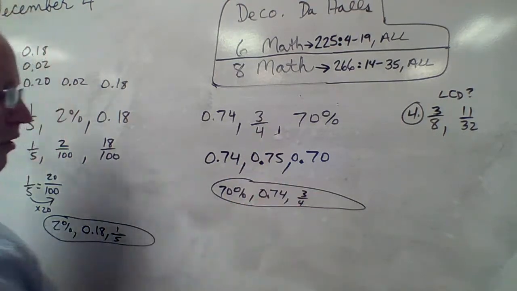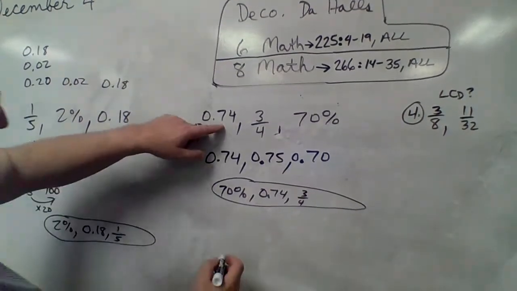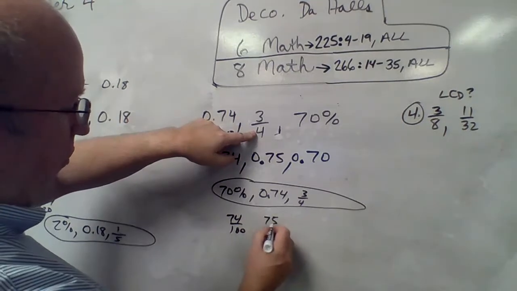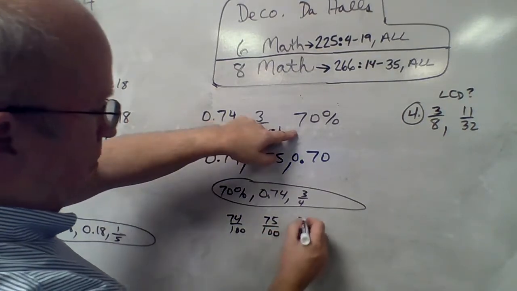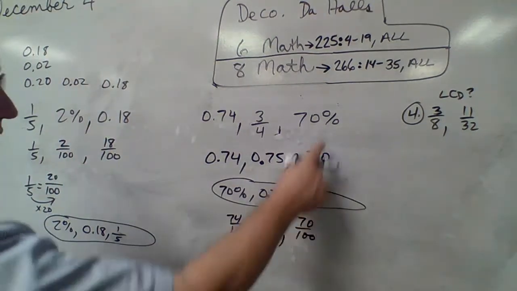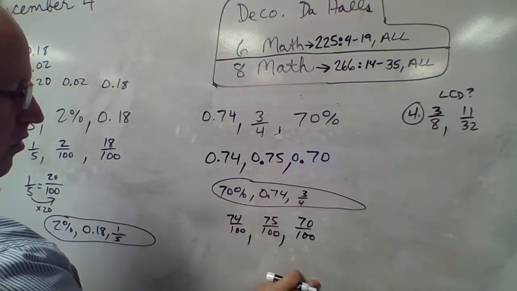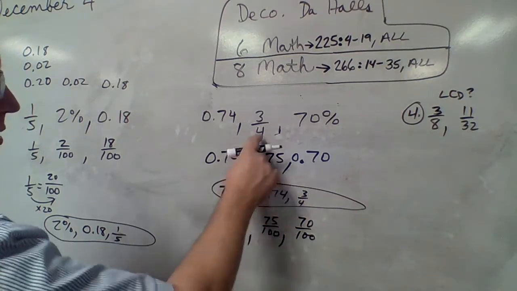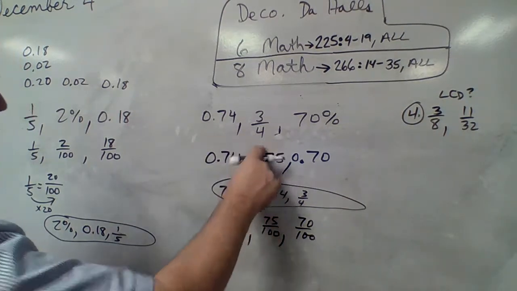Now, if I did the fraction way of doing this, this would be 74 hundredths, and this would be 75 hundredths, and this would be 70 hundredths. But it's still that this one is the smallest one, and it's still that this one is second smallest, and this one is still third smallest.